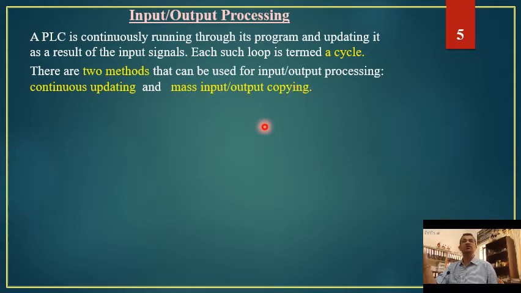Now the input is continuously coming from the sensor, and the PLC is updated with respect to the input that is coming. If it is done continuously, then it's called continuous updating, right?